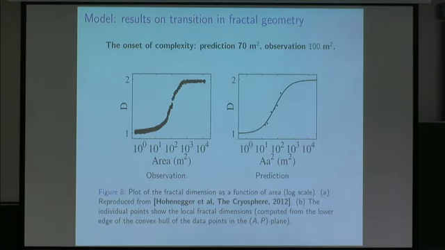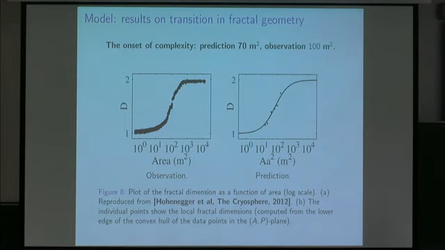Another indication that the model works really well is that we can look at the transition in fractal geometry. The fractal dimension can be computed for the observation and also for the model output. The model output gives a transition area of about 70 square meters, whereas the observation is about 100 square meters.